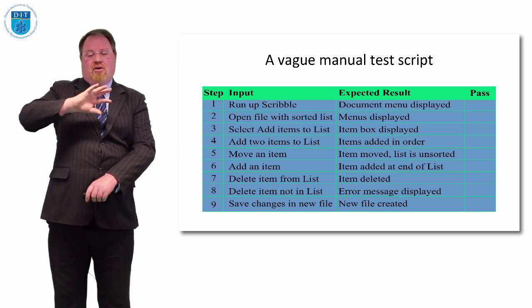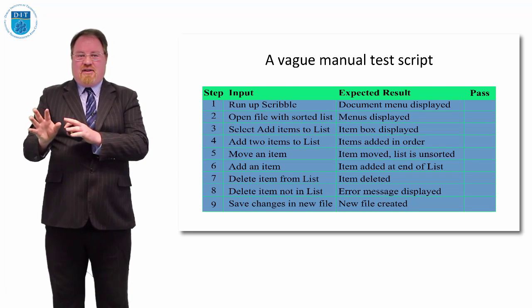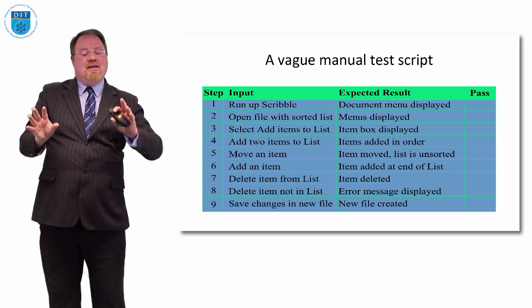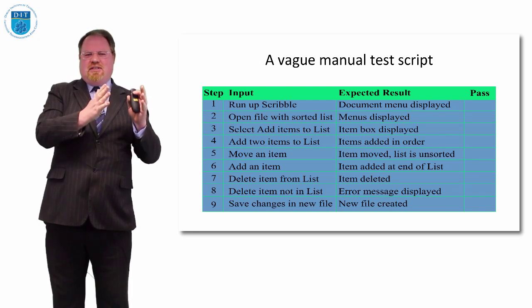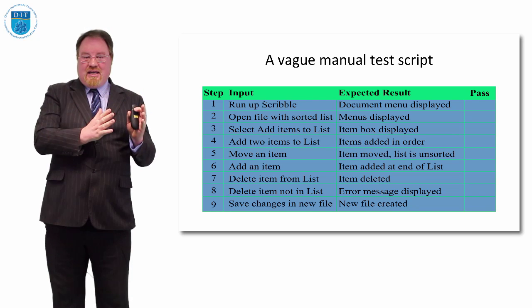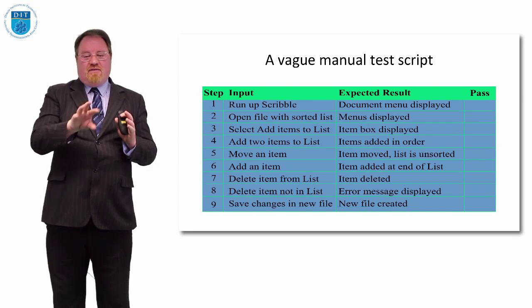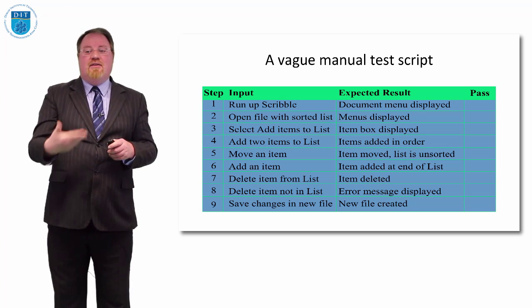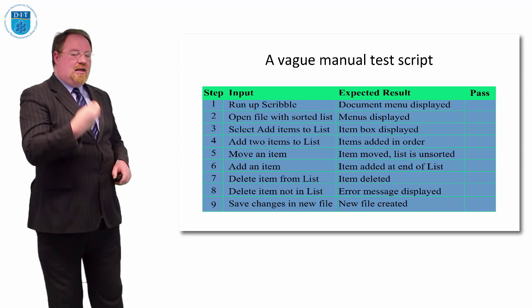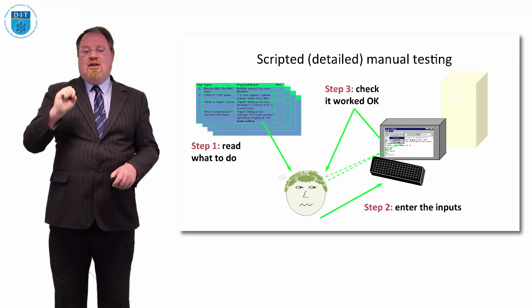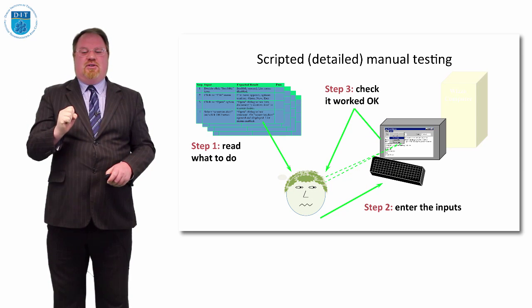Although I would never advocate not having a test plan or a vague plan, I wouldn't advocate sticking strictly to a test plan either. Have the test plan, follow that, do all the tests in it definitely, but have the freedom then to add in new tests. If you think of something as you're going along, definitely add that in. So a detailed plan is great, but don't be tied to it.